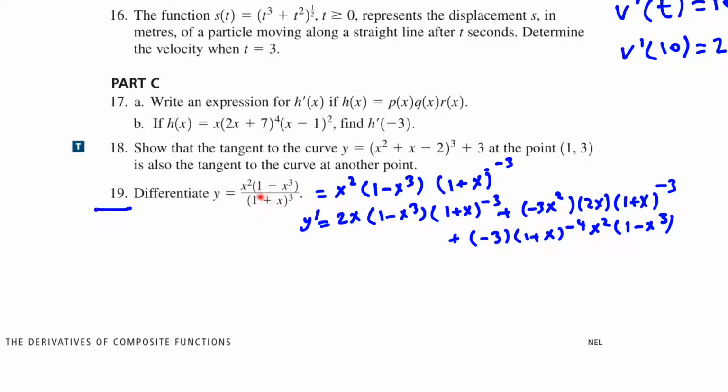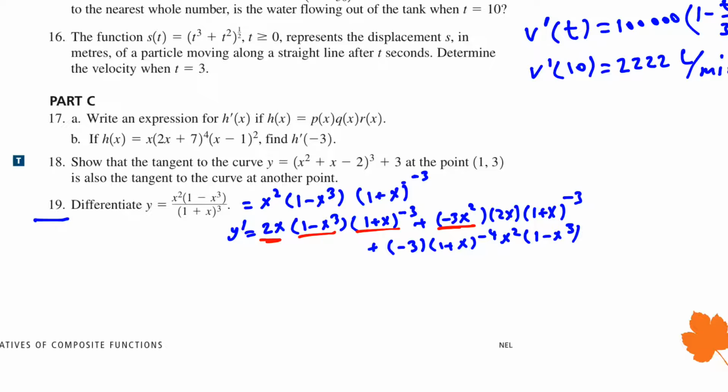If we write it as product of 3 functions, x², (1 minus x) to the power of 3 and (1 plus x) to the power of negative 3, then the derivative is going to be derivative of first function times the other 2 functions, plus derivative of the second function, negative 3x², times multiplication of the other 2 functions, plus derivative of the third function, which is minus 3 times (1 plus x) to the power of negative 4 times x² times (1 minus x) to the power of 3.